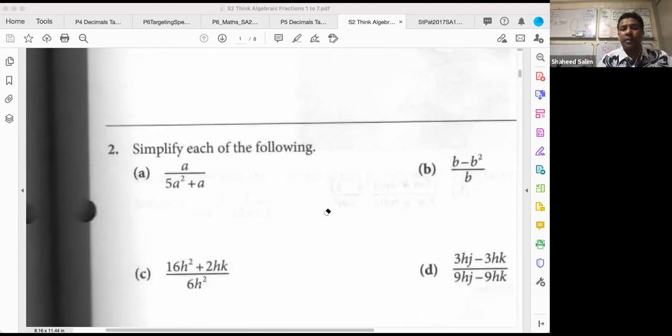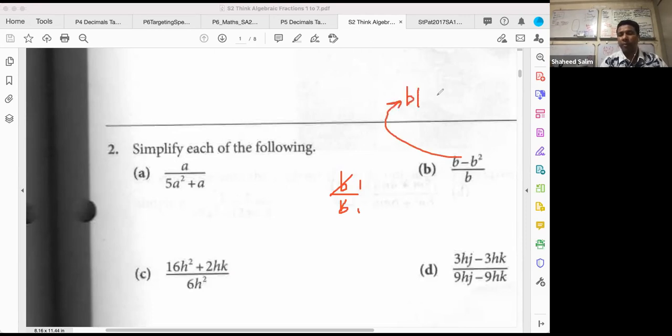Okay, right? If we say the answer is B over B, then you can cancel B and B and become 1. Correct? If you say B over B like that, then that means I can cancel somehow. Then you get 1, answer is 1. But this is not, 1 is different. What you need to do, you need to factorize this one, friend. Take B, ask yourself, B times what will give you B?